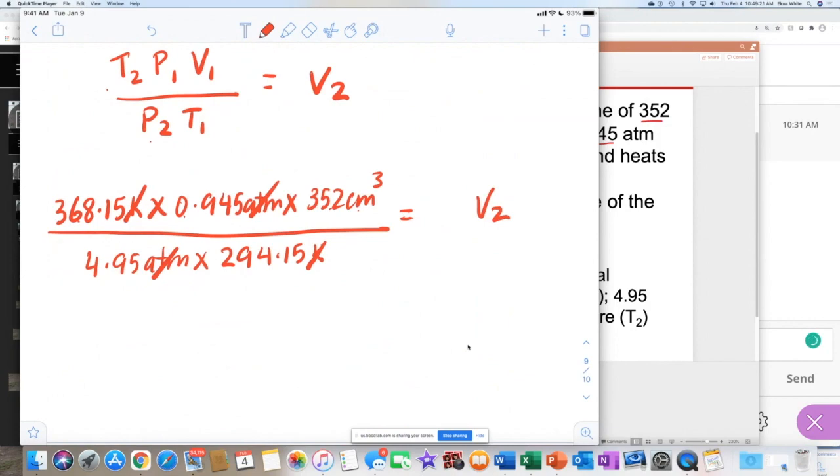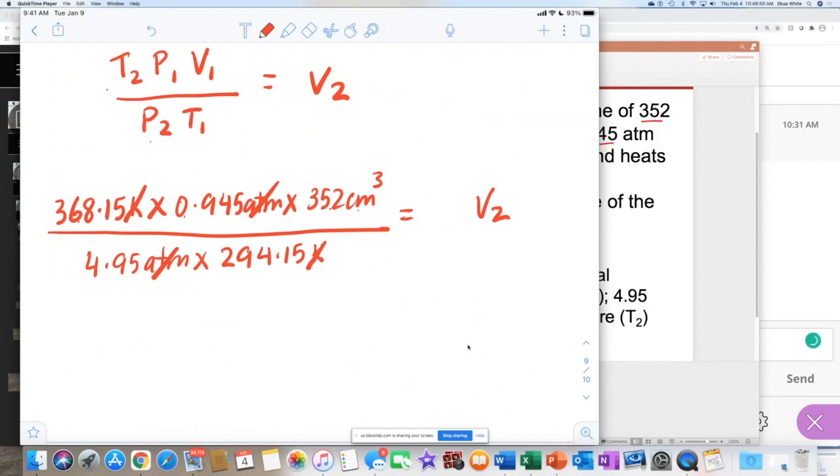So I got 368.15. Oh, it just disappeared. Calculator. Okay, 368.15 times 0.945 times 352, divided by 4.95, divided by 294.15.